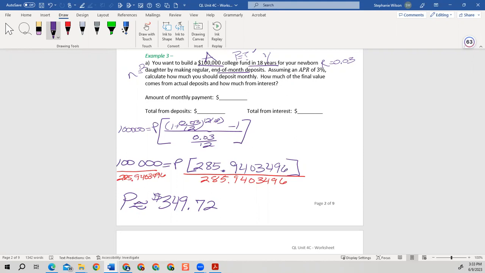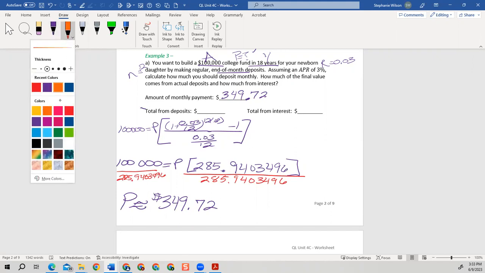So let's do this. $349.72 would be my deposit each month. And then I want to know my total deposits for the 18 years, how much I'm actually going to deposit.